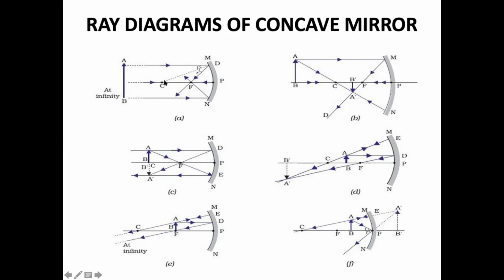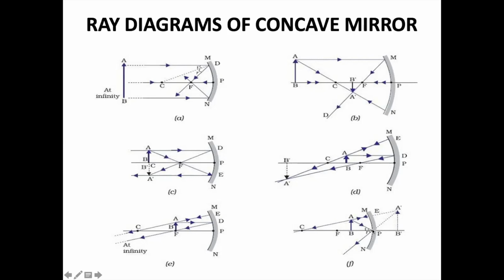So here the object distance is negative, the image distance is also negative. This is the incident ray, and here also the object distance is negative and the image is also formed on this side, so it is negative.